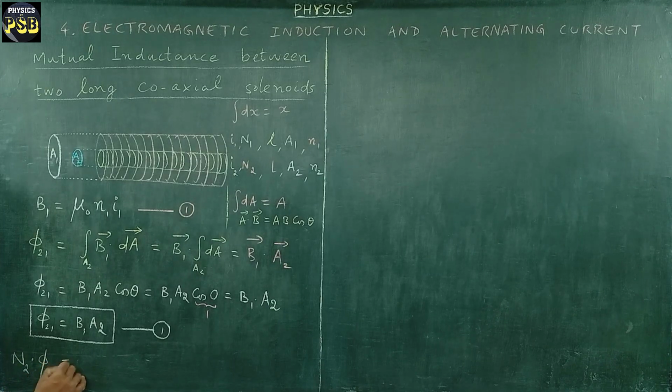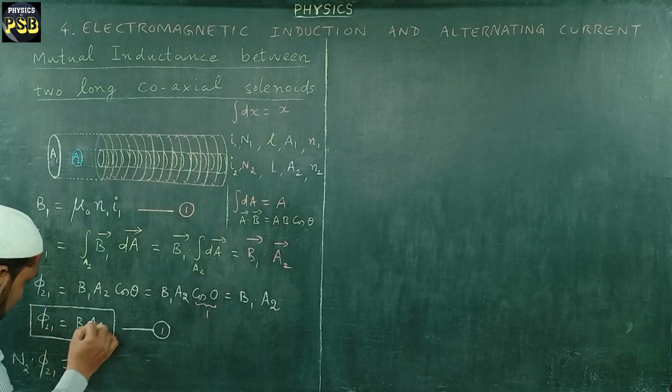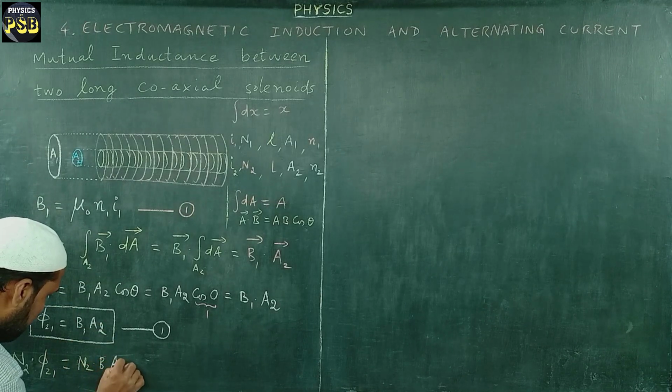This is N2. When I make certain changes to the terms on the left hand side, I have to make the same changes to the terms on the right hand side in an equation. So I multiply N2 on the right hand side as well. The remaining terms are written as such: B1 A2.